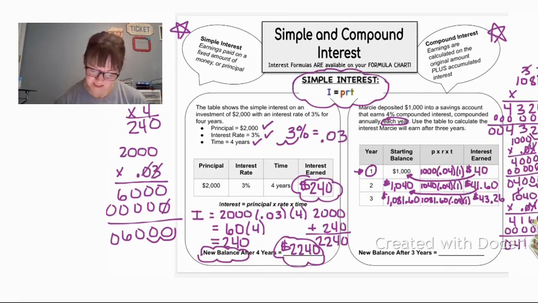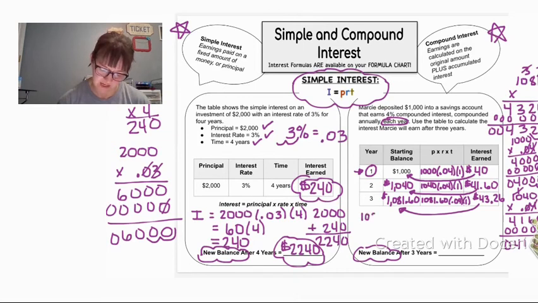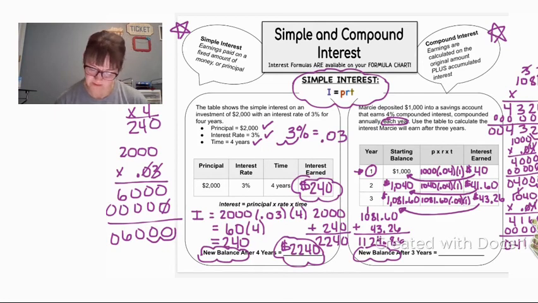And then at the end of that 3rd year, they'll add that to what was there. So to get her new balance after 3 years, we would take $1,081.60 and add what she earned at the end of that 3rd year, which is $43.26. So her balance at the end of 3 years would be $1,124.86.